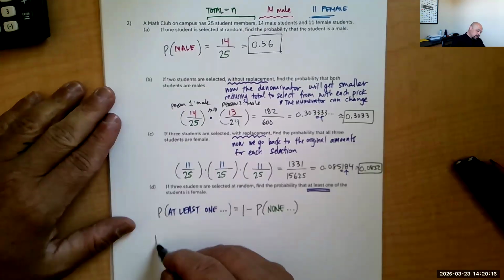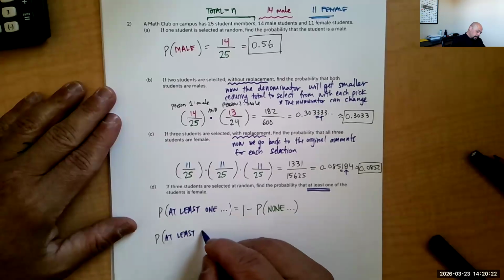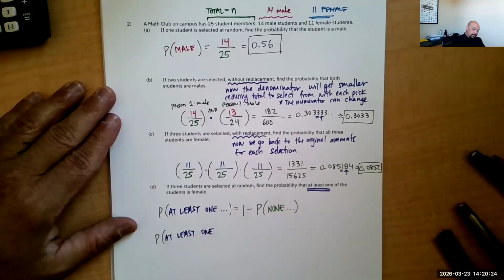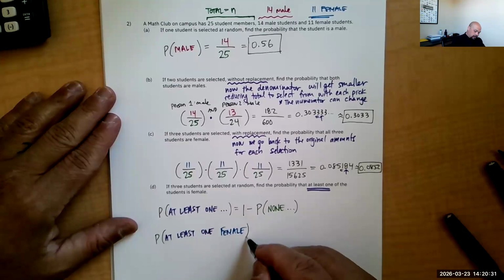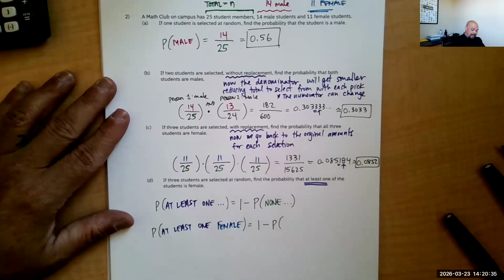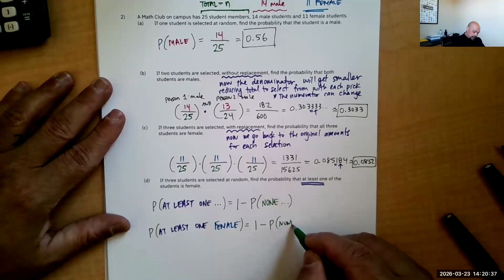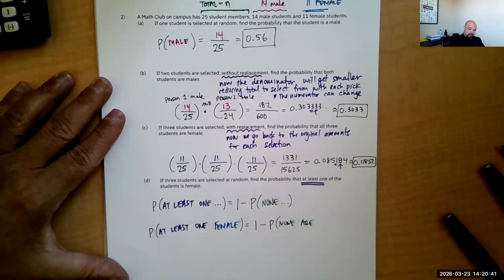So in this case, if we're looking for the probability that we have at least one female out of that group of 3, we can translate this as 1 minus the probability, right, that none are female.